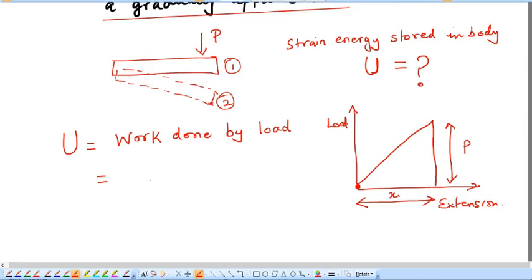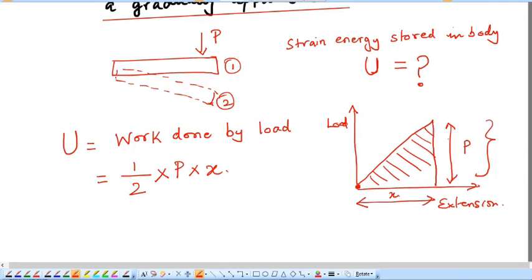So work done by load is equal to the area of this triangle. So what is the area of the load? Area of this triangle is equal to half, so this one is P, P into this X. Half length into breadth is the area of the triangle.